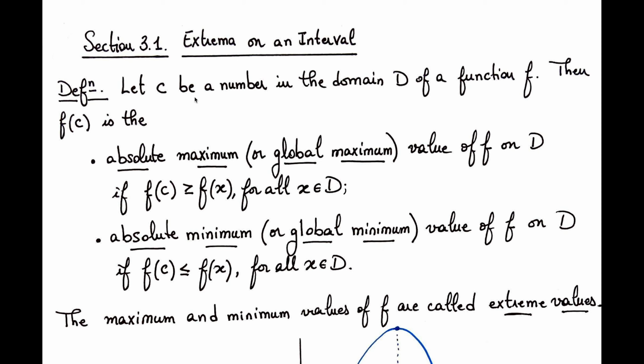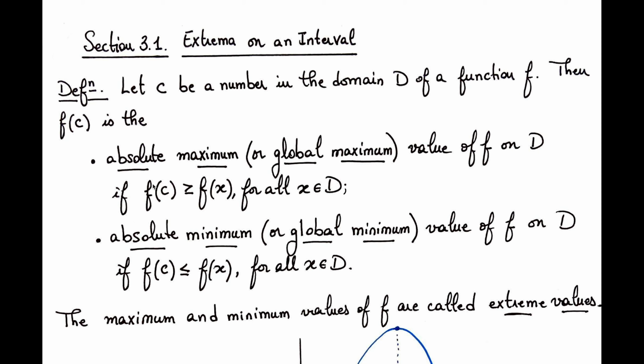It goes like this. Let c be a number in the domain of the function f, labeled as capital D. Then f of c is called the absolute maximum or global maximum value of f on that domain, provided f of c dominates all the images through f for any number given from the domain.